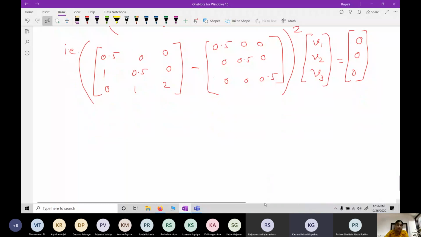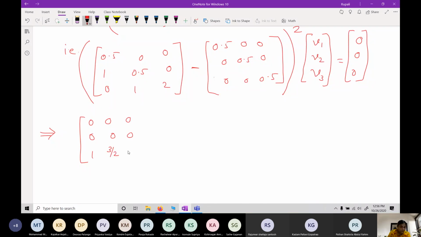Yes, subtract this and find its square. You will get 0 0 0 0 0 0 1 3 by 2 and 9 by 4. Check this.